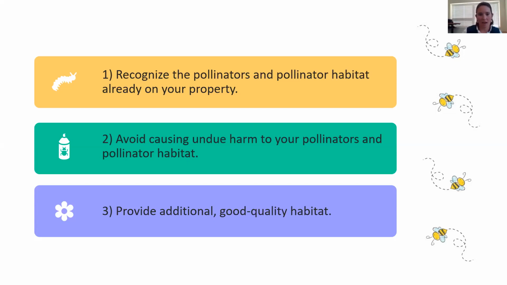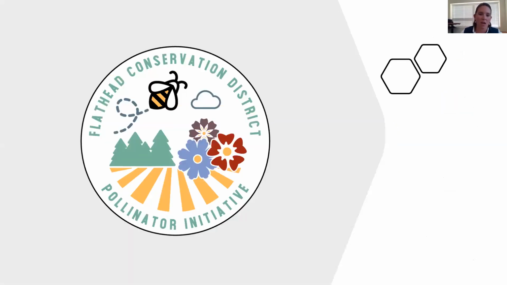All right, I'm going to scoot along now and talk about the Flathead Pollinator Initiative. This is one of the landowner assistance programs that we offer here at the district, and we're pretty excited about this one. It's our first year doing this program, and in a nutshell, we offer free seed to local residents in Flathead County.